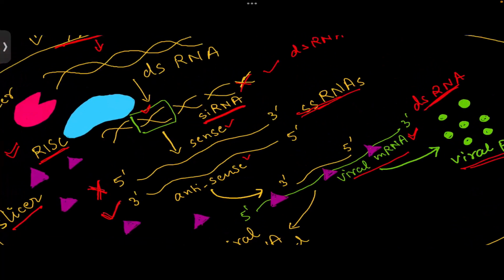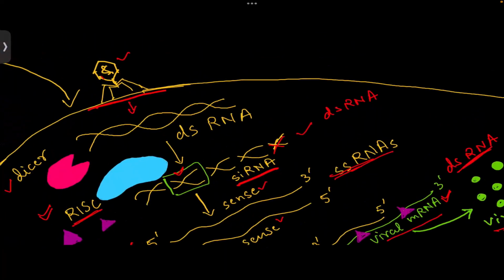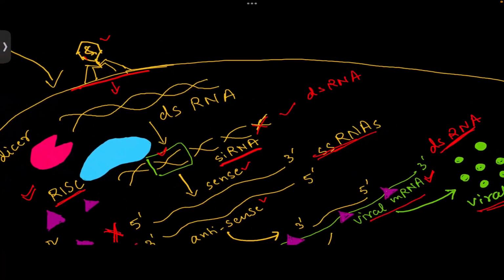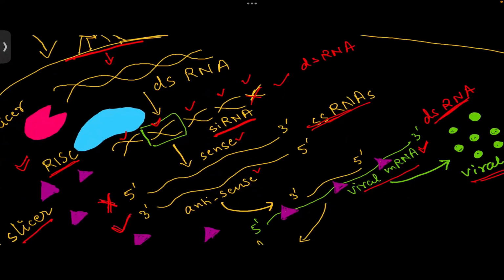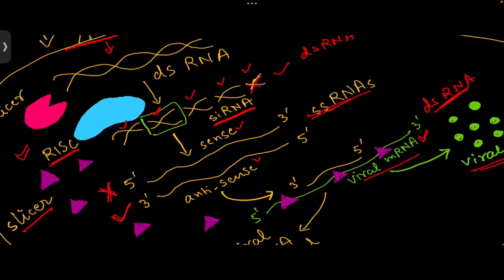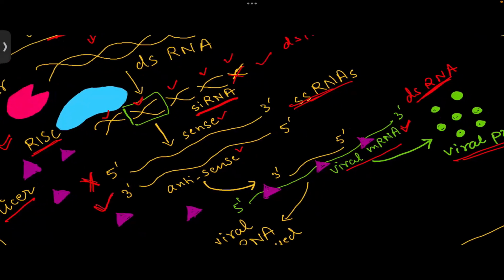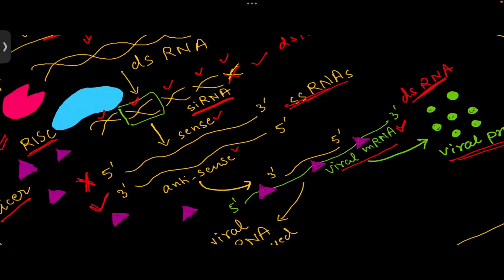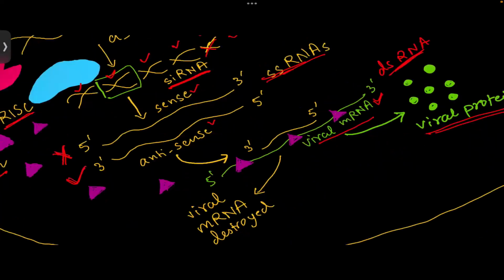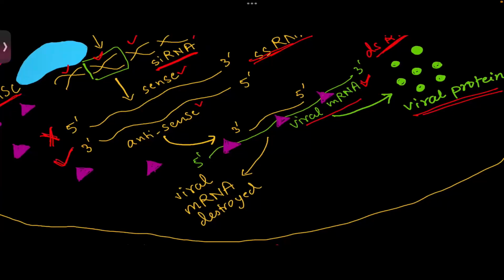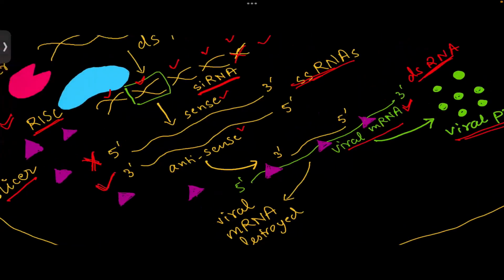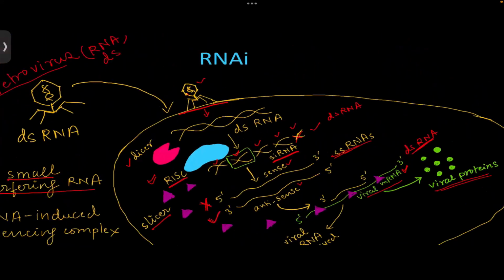So in this step, where several molecules of siRNA are formed, all of these siRNA can be unwound and separated by the RISC complex, and all of them can go and hunt for all the viral mRNAs present in the cell and stop them from getting translated. This is the mechanism of RNA interference.